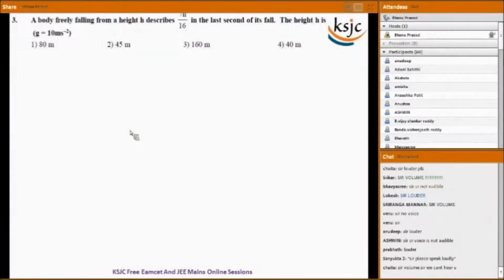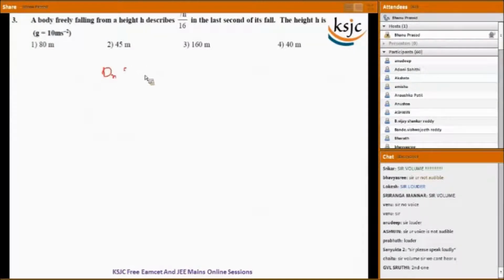Now look at the next one. A body freely falling from a height h describes 7h by 16 in the last second of its fall. The height h is? Now last second is dn, which is equal to 7 by 16 of the total distance it has traveled, Sn.